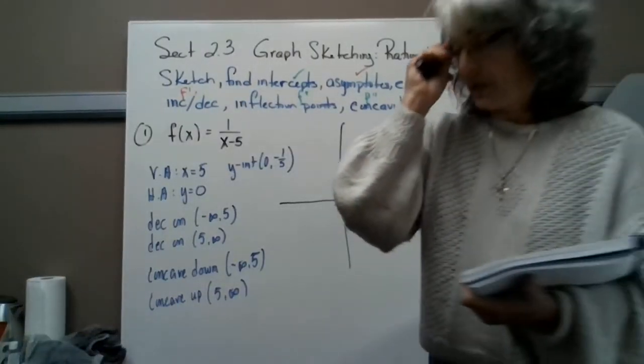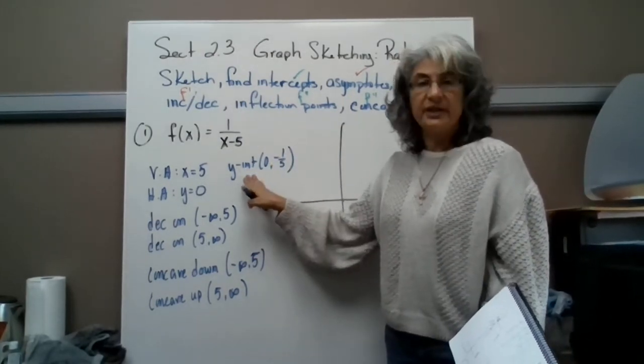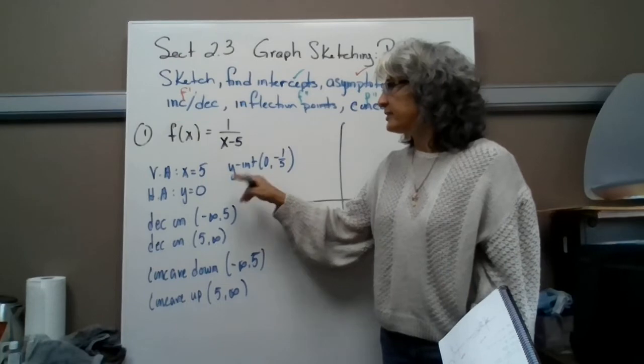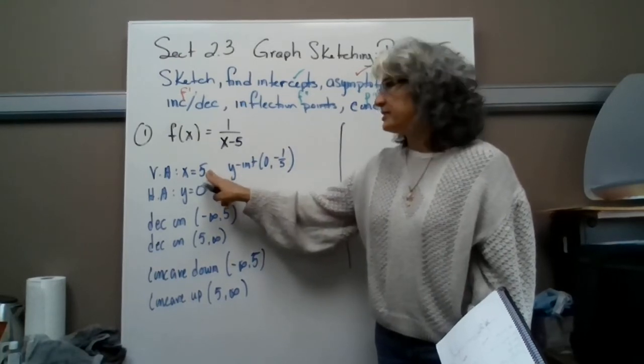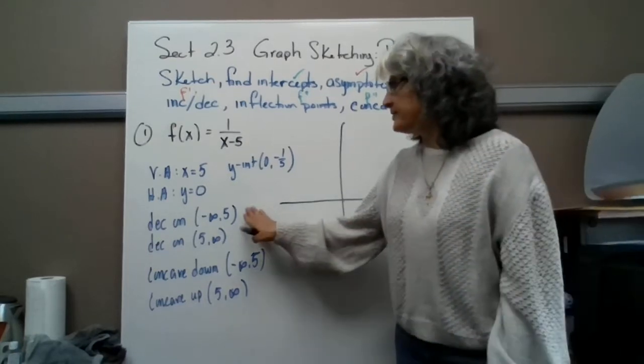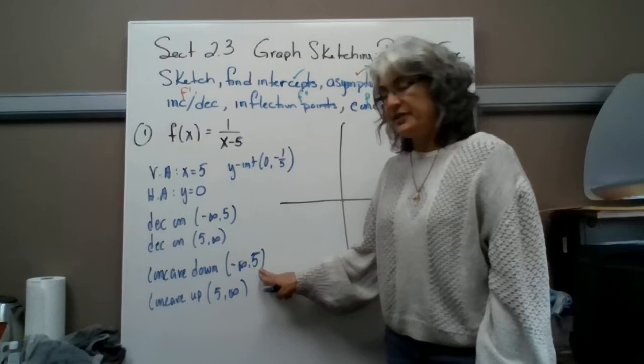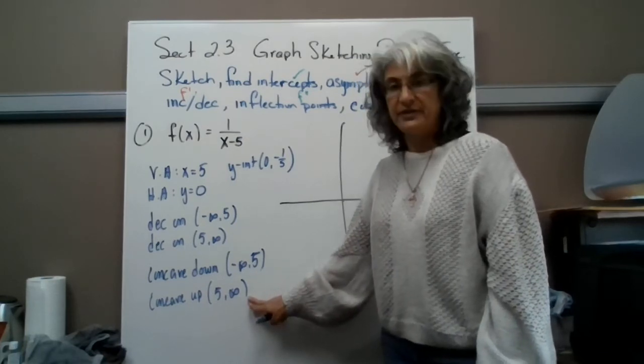All right, so I have written all the information that we found out. We have a y-intercept of (0, -1/5). We have a vertical asymptote at x equals 5, a horizontal at y equals 0. We have decreasing on these two intervals. We have concaving down on this interval and concaving up on this interval.